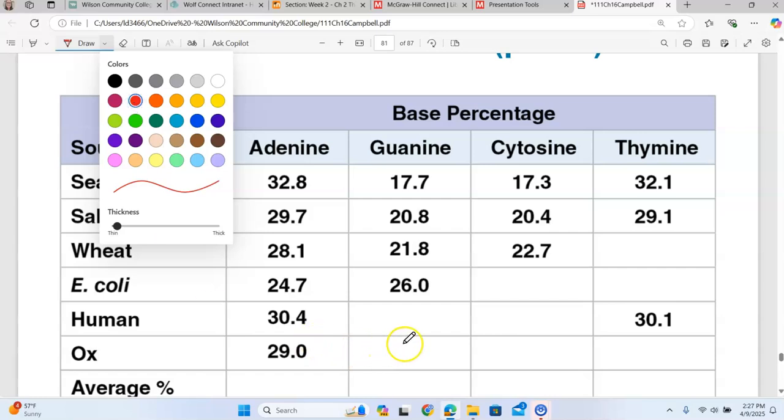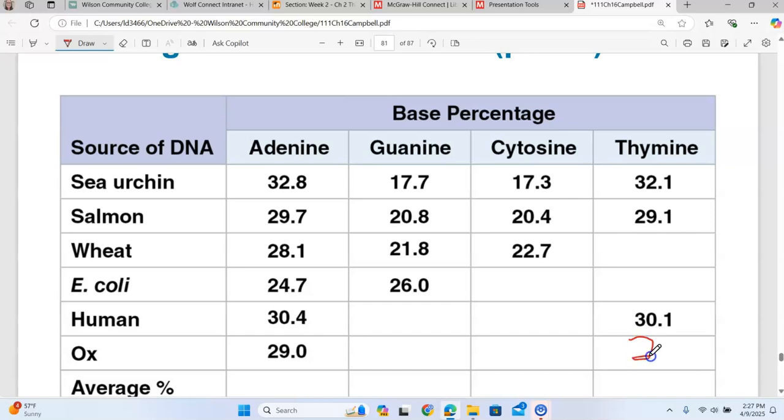Okay. So if an ox has 29% adenine, then it also has 29% thymine. So far, so good. All right, 29 plus 29 is 58, right? 58, yes. All right, what is 100 take away 58? That is 42.